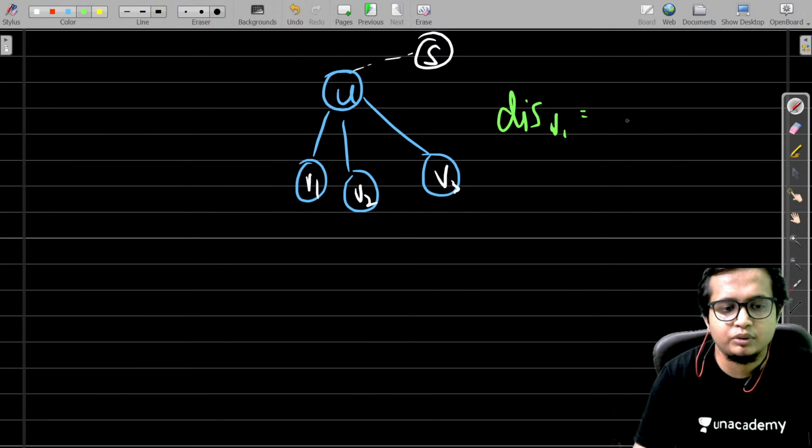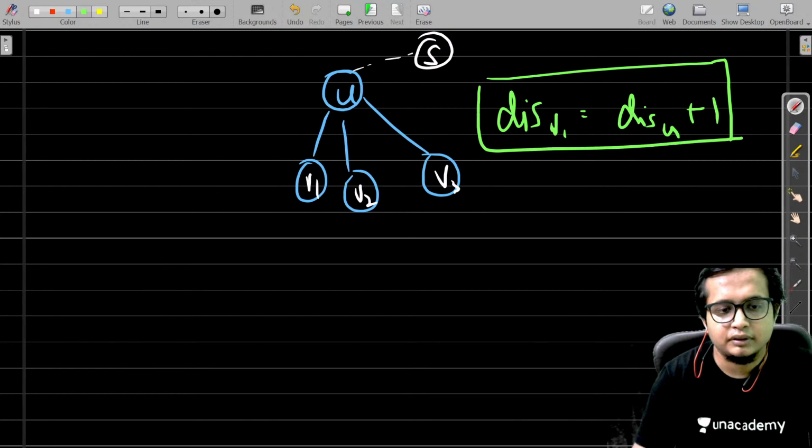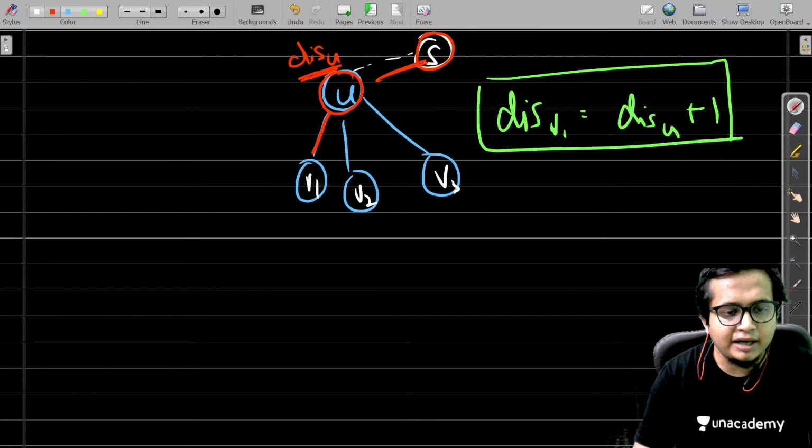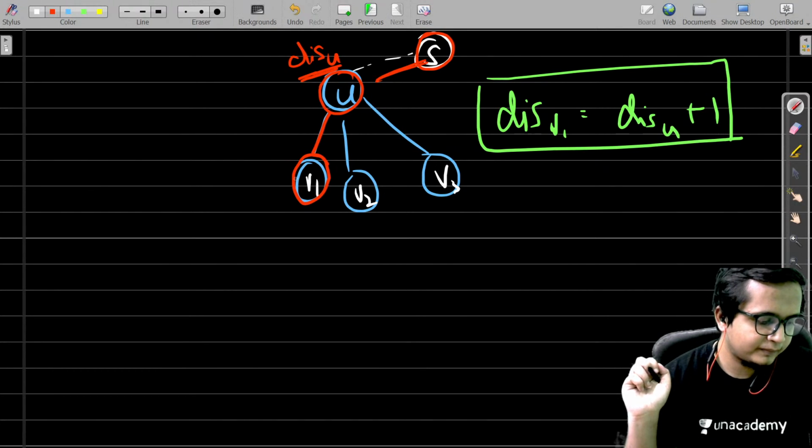If I know the distance of u, I can just write distance of v1 as distance of u plus 1, right? If the distance of node u from s is equal to, let us say, dist of u, I can just add 1 to it and get the distance for v1, right? Is this very clear to you guys?